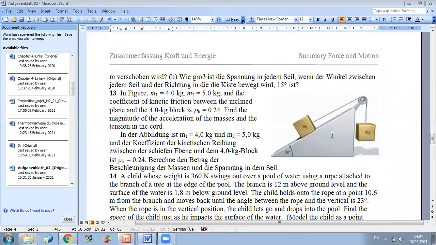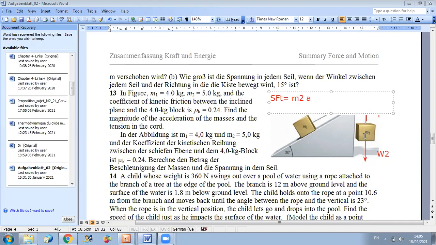Which one is easier? M2, of course. M2 is easier because M2 only has the weight and the tension on it. So now I can take M2, and since I know the acceleration, I can calculate T. Sum of forces along UT, sum of Ft equals M A t, but since I take the M2 system alone, it is equal to M2 times A. Now, what are the forces along UT on the block M2 only?